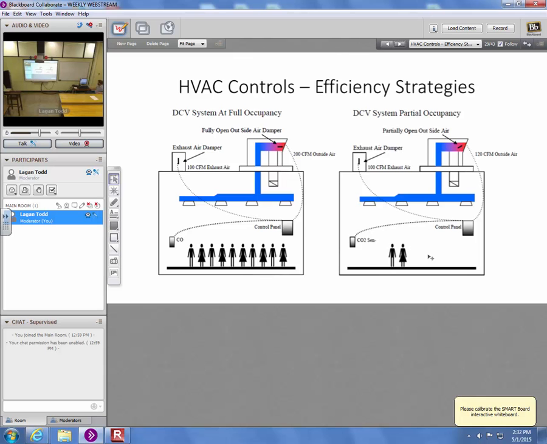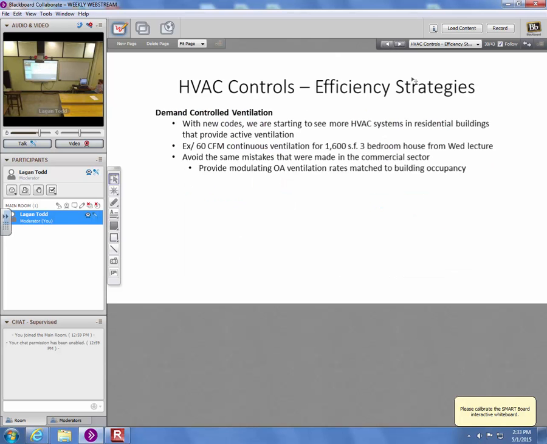When there are fewer people, the CO2 level will go down, and it will modulate the outside air damper more closed. So in this case, you might be getting, they say 200 CFM outside air, in this case 120. So it's a good measure when it's applied properly.